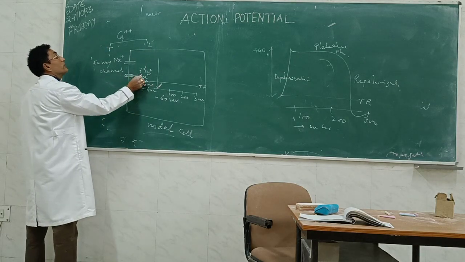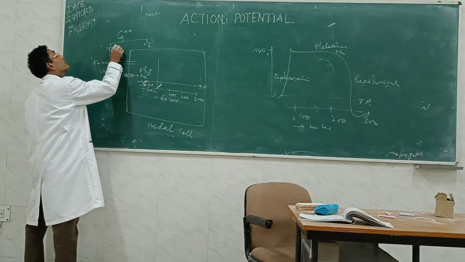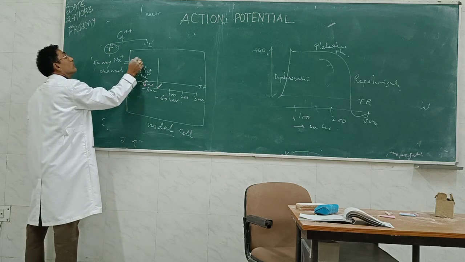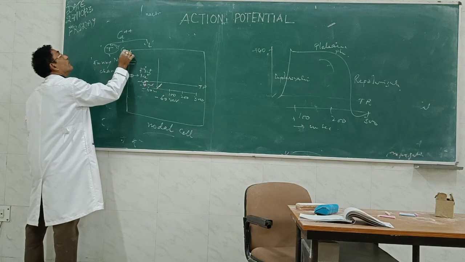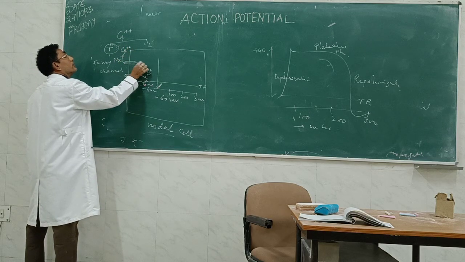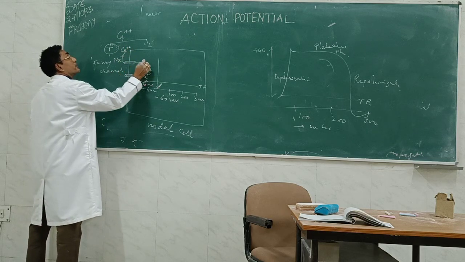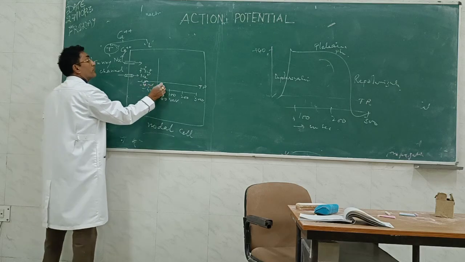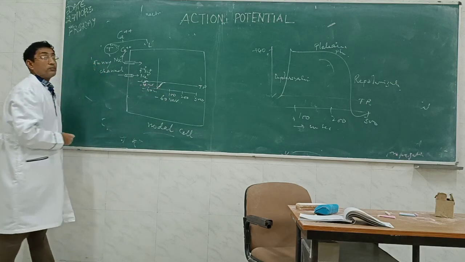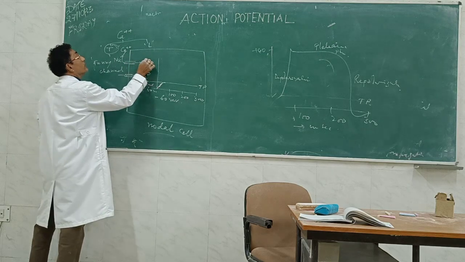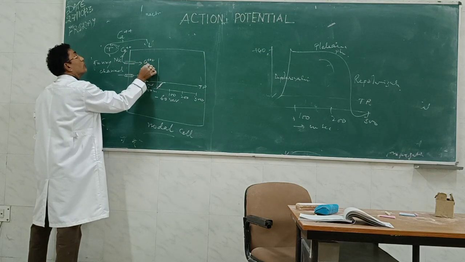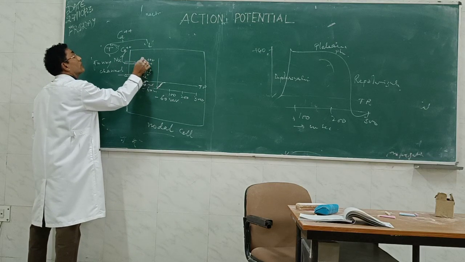Now this entry of sodium ion will stimulate the P type of calcium channel. So there will be an entry of calcium ion, and as a result minus 55 will be changed to minus 40 millivolt because of the entry of positive calcium ions.